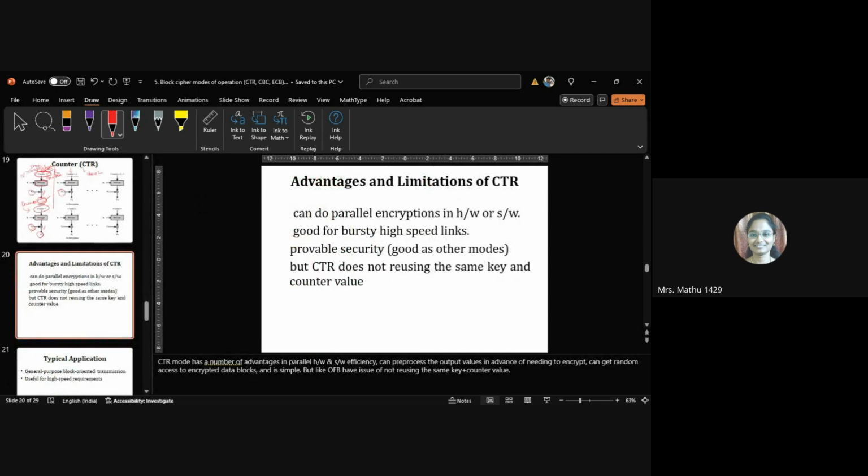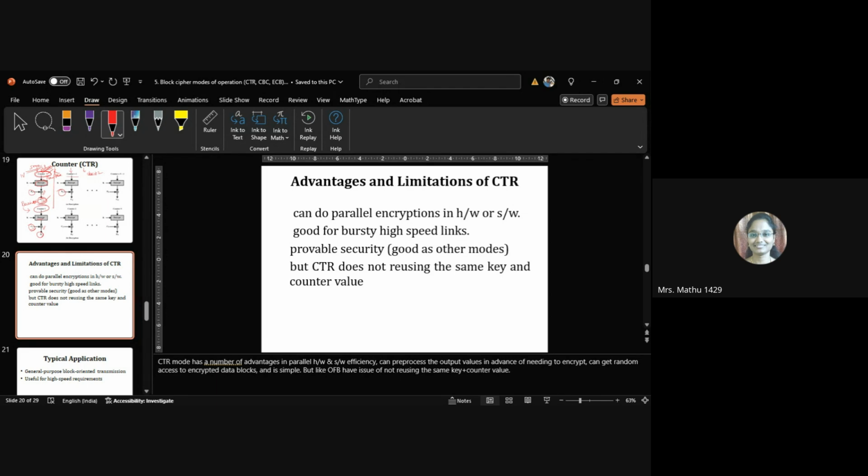So that is one advantage. You can do parallel encryptions either in hardware or in software, to improve the speed of doing that and sending the message. And the security is also better than other modes.